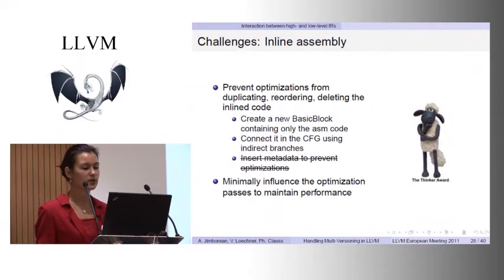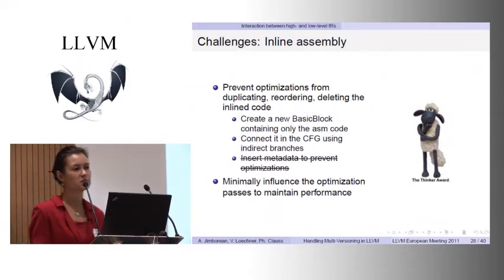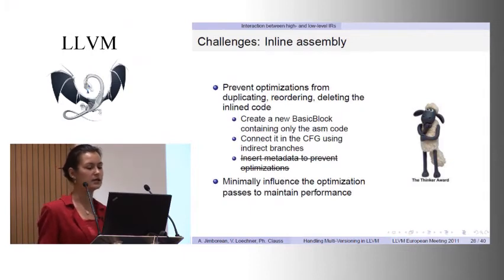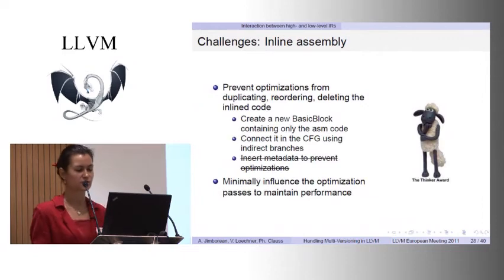The solution that we found was to create a new basic block every time we need to insert new inline assembly in the LLVM, and to connect this block into the control flow graph using indirect branches. These indirect branches prevented the LLVM passes from optimizing only those blocks that we are really interested in. However, the remaining code was still optimized. So this was the best solution for us.